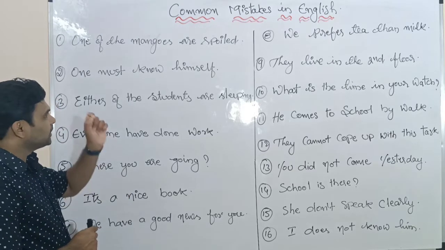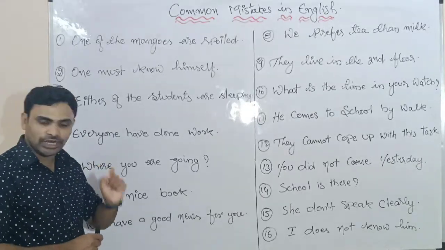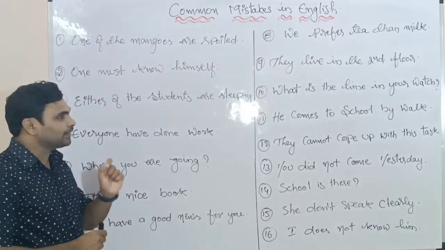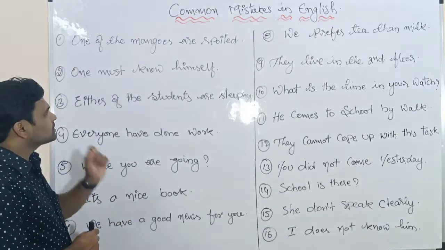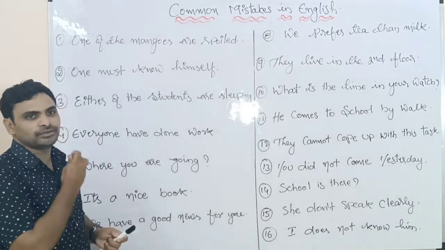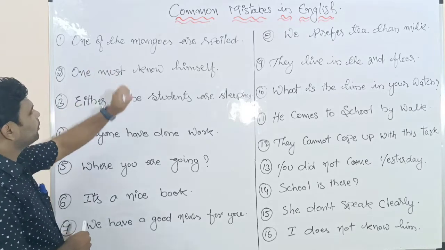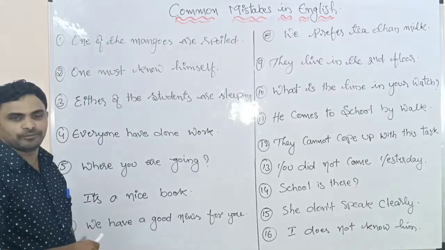First, read the sentence, find out where there is a mistake or an error, and then supply the right word. First one: one of the mangoes are spoiled.